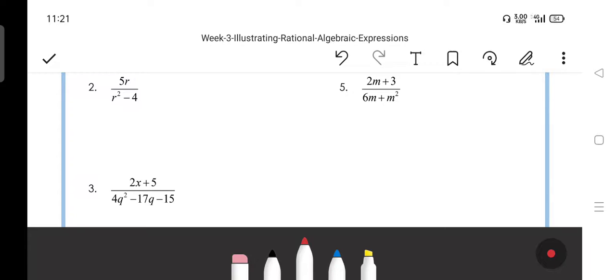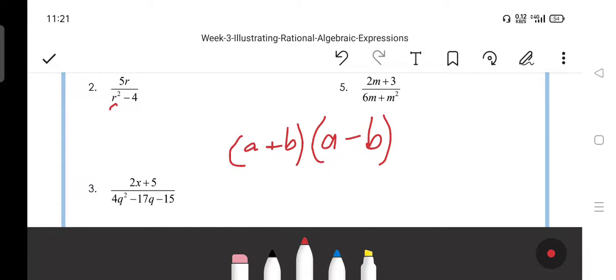If we have difference of two squares, we only need to follow the pattern a plus b times the quantity a minus b. Okay? This is the only pattern in difference of two squares. We only need to determine the square root of the first term and the square root of the second term.